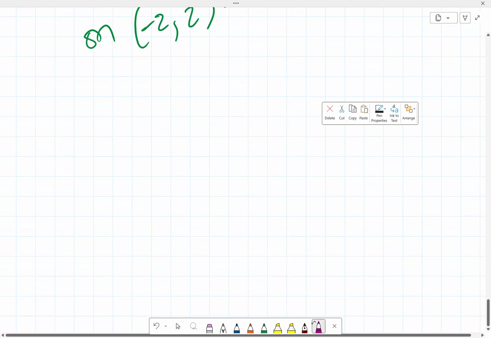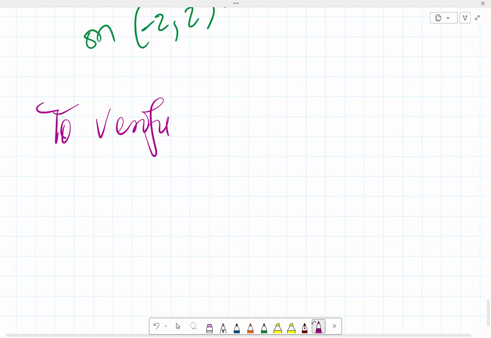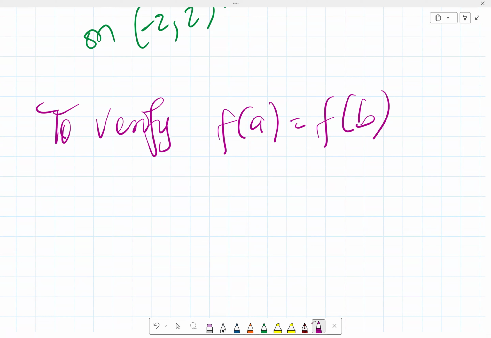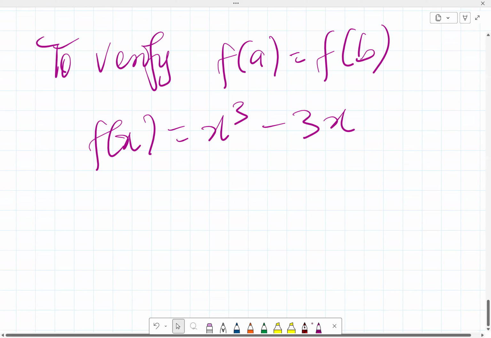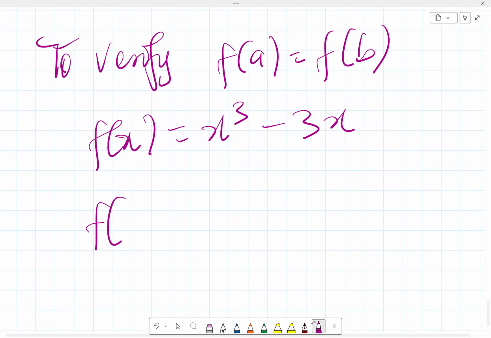So finally, to verify f of A equals f of B. Don't forget f of x itself is x cubed minus 3x. Don't forget the interval is minus 2 to 2.